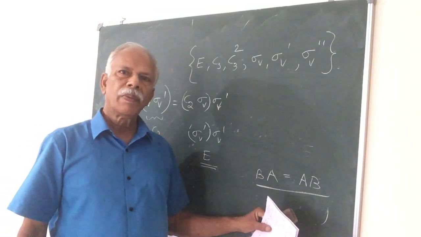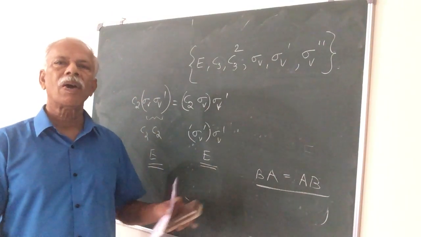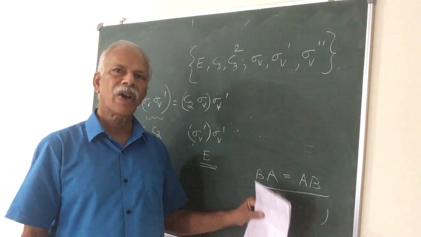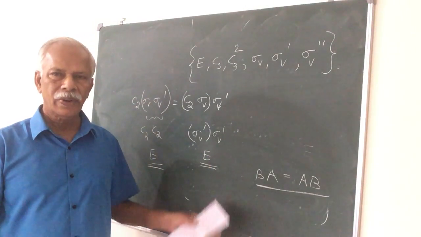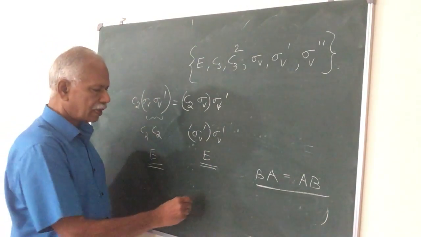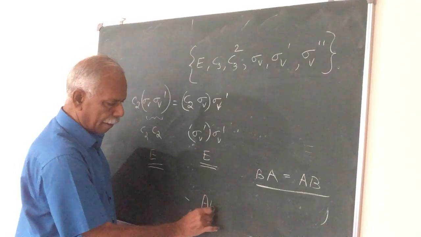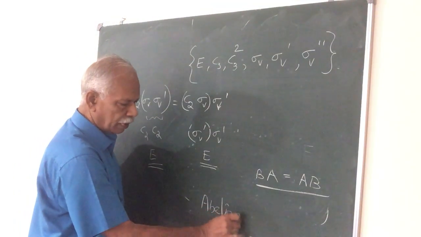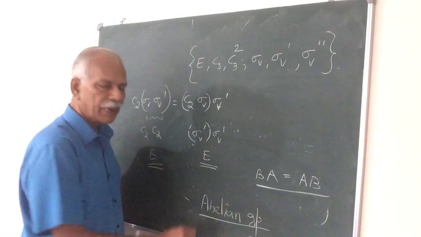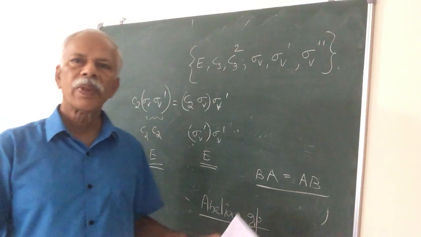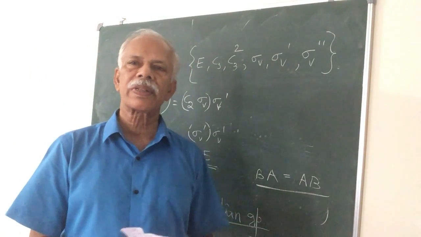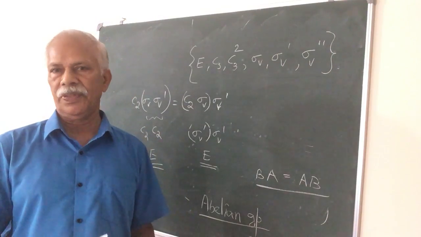Such molecules where the binary combinations of operations are always commutative, you call these groups abelian groups. What is an abelian group? A group where the combination of symmetry operations is commutative.